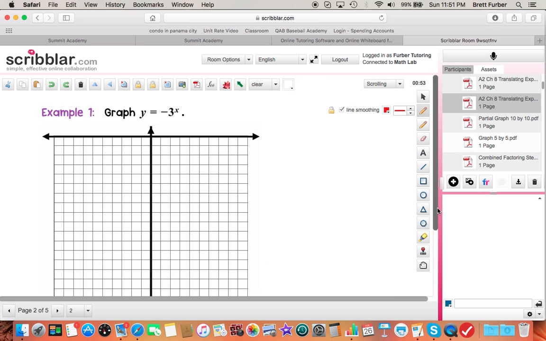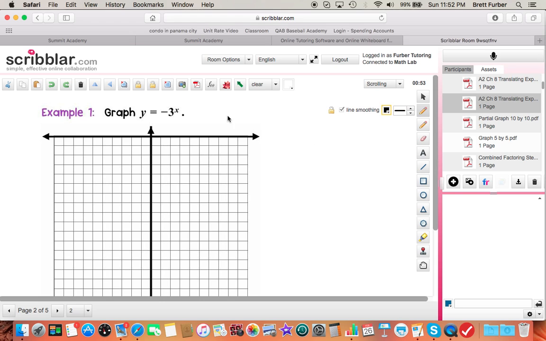Okay, so it says graph, and example number 1 says y equals negative 3 to the x power. This is almost exactly like a regular function.